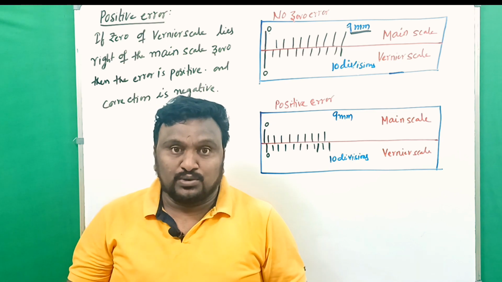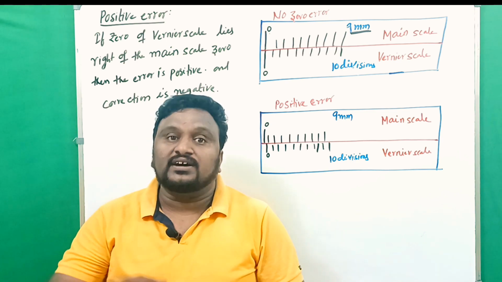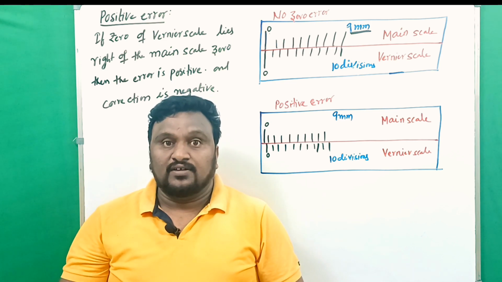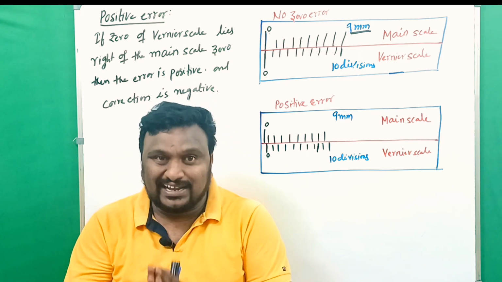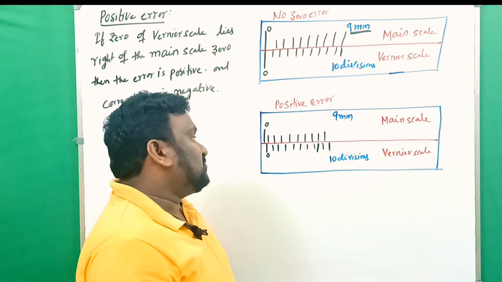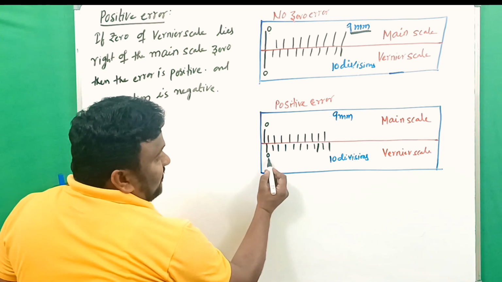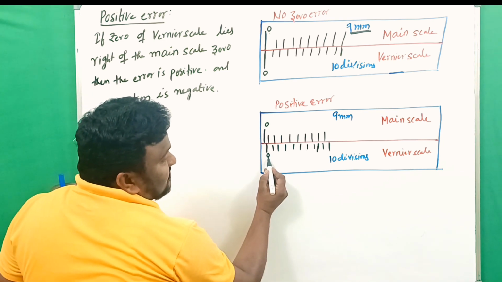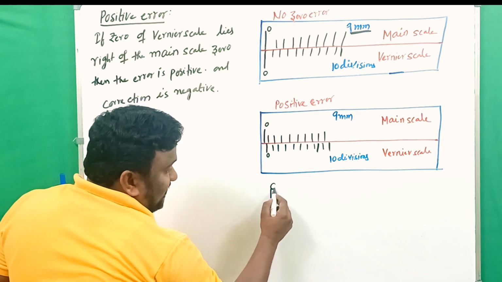Clear? So in the absence of an object between the two jaws, we have to make the two jaws come in contact. Then if in that vernier calipers we find this: this is the zero division of the vernier scale and this is the zero division of the main scale.